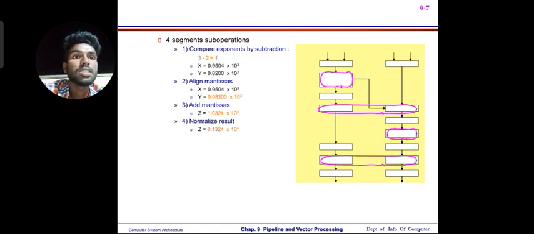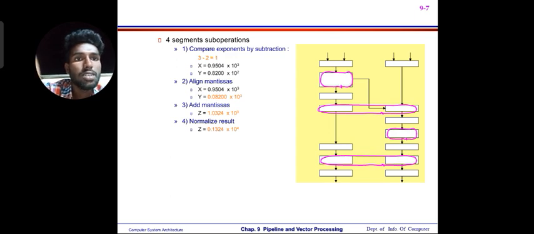Compare exponents by subtraction: 3 minus 2 equal to 1. X equal to 0.9504 times 10 to the power of 3. Y equal to 0.820 times 10 squared. Second, align mantissas: X equal to 0.9504 times 10 to the power of 3, Y equal to 0.0820 times 10 to the power of 3.